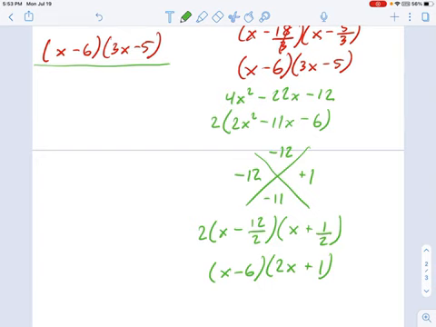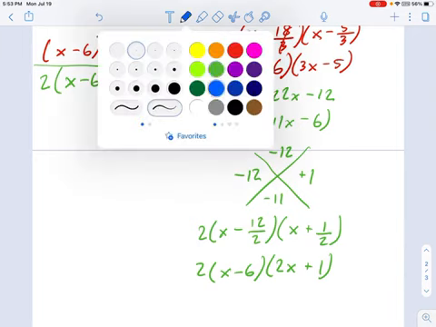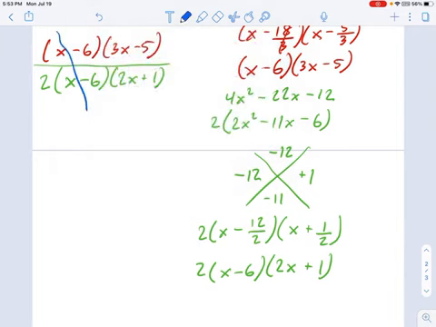Don't forget there's a factor of 2 out front. So here we go. 2 times x minus 6, 2x plus 1, and now you see we can cancel out this common factor right here, and our final answer is 3x minus 5 over 2x plus 1. Okay?